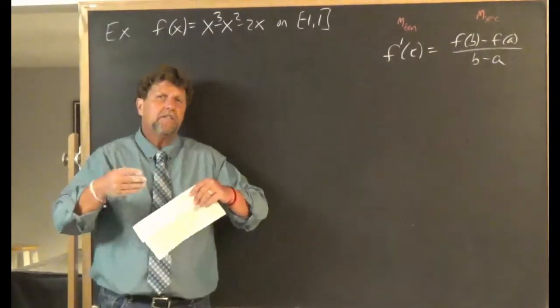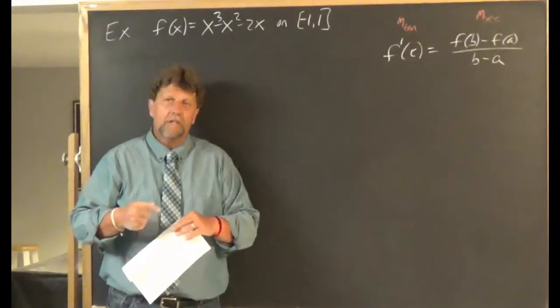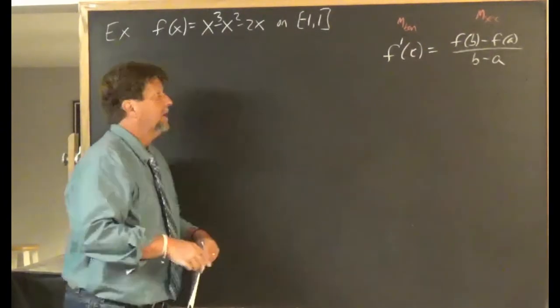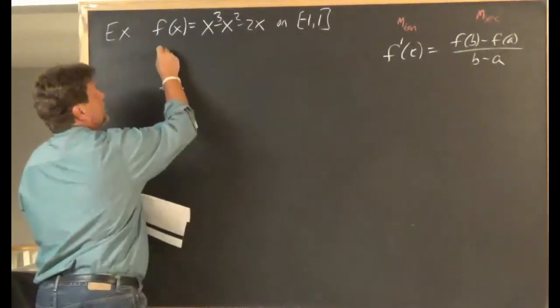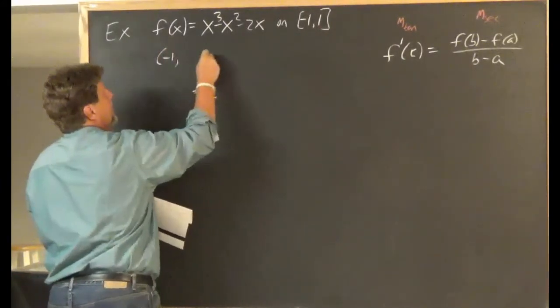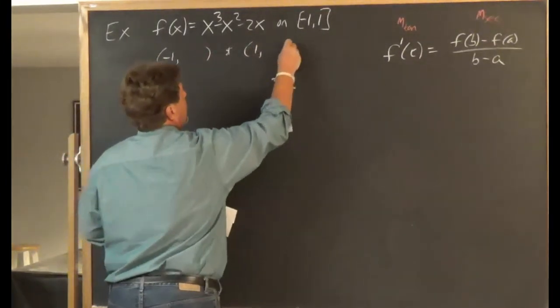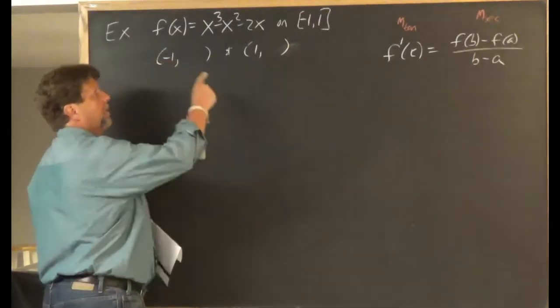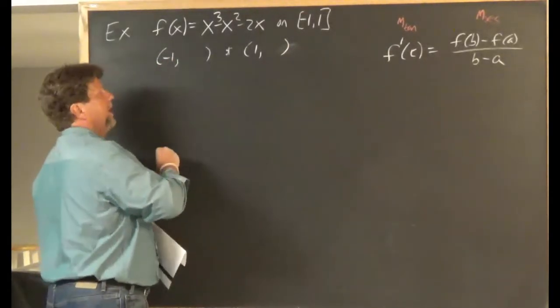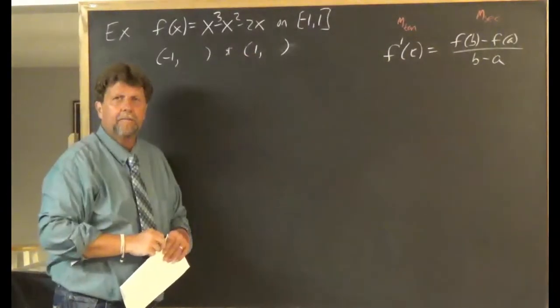So I start off by finding the slope of the secant line. It's just a line through 2 points. So I'm given my interval, so I just need to find the slope of the line that goes through the 2 points where one point has an x-coordinate of -1 and the other point has an x-coordinate of 1.